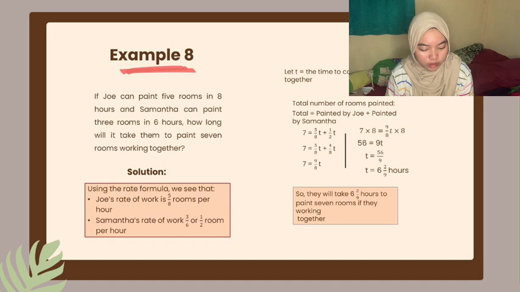T equals 56 over 9. T equals 6 and 2 over 9 hours. So they will take 6 and 2 over 9 hours to paint 7 rooms if they work together.